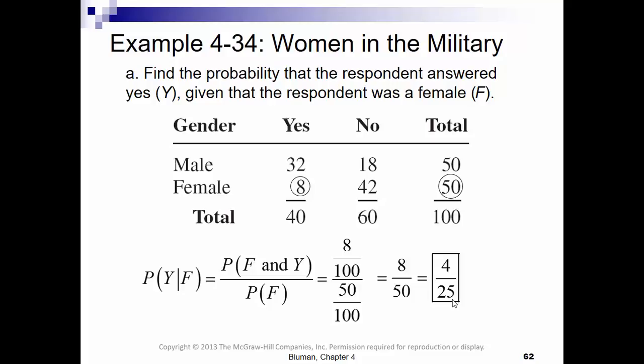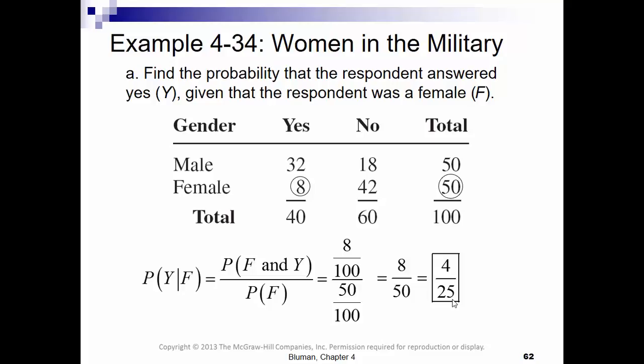And the probability that they're female, there were 50 females out of 100. And so you divide that, and so it's 8 out of 50, and reduce that to 4 out of 25 is your final answer.